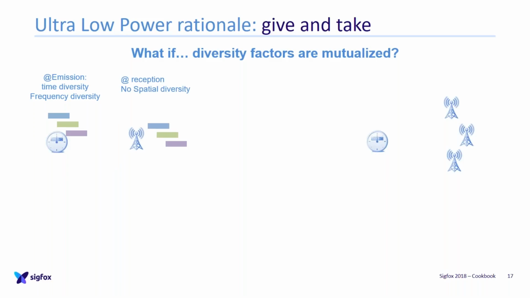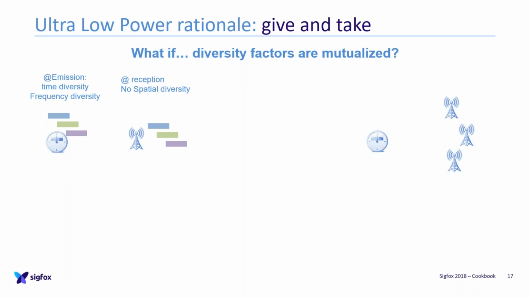The network is sparse because the device density in rural areas is low, and the link quality, because there is no city shadowing, is probably good. So the diversity contribution to quality of service is mostly from the device. But within cities, I have a lot of base stations available because I have a lot of devices. I want a lot of quality of service, so we've made cities with very good coverage and a lot of diversity.